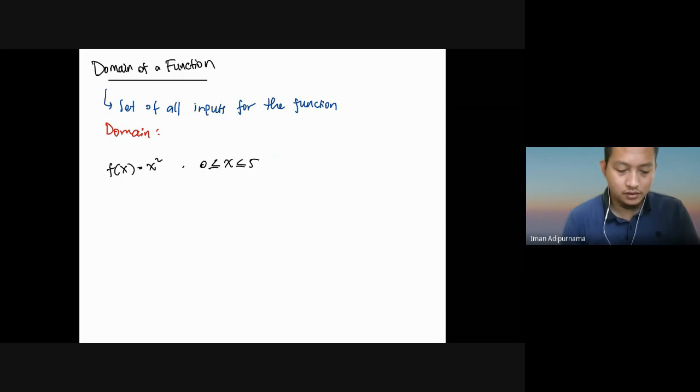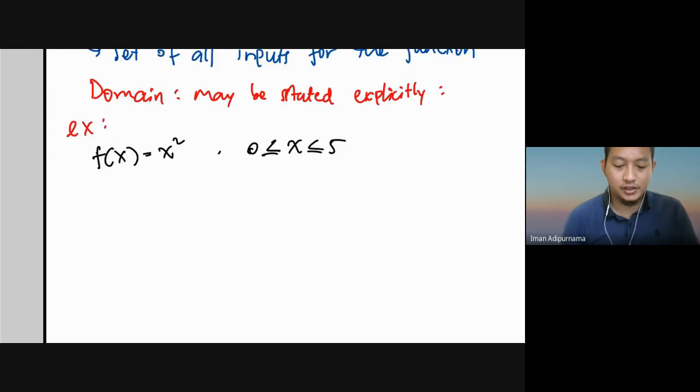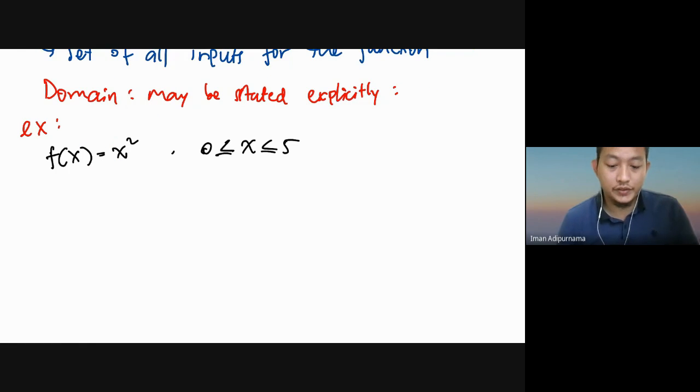The domain may be stated explicitly. For example, you have a function x squared, and you have a restriction that x is only from 0 to 5.